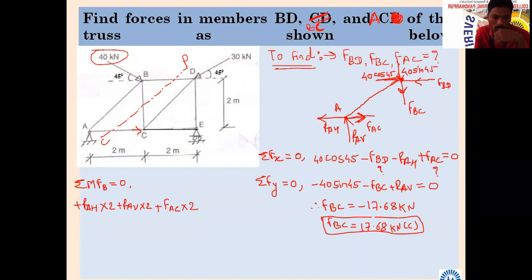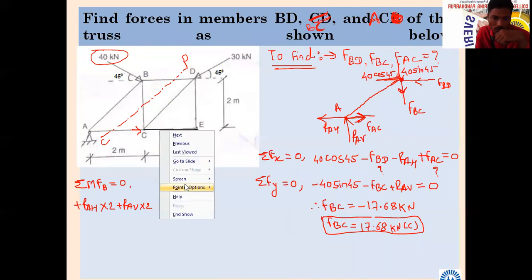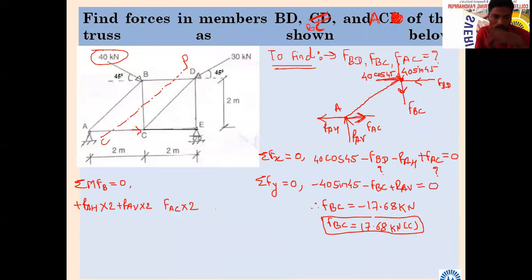Both will go clockwise, and here it will come anti-clockwise. Correct. Okay. Minus FAC into 2 equal to 0. Anything is remained? No. So here we will get value of FAC. Just check what is value of FAC then.